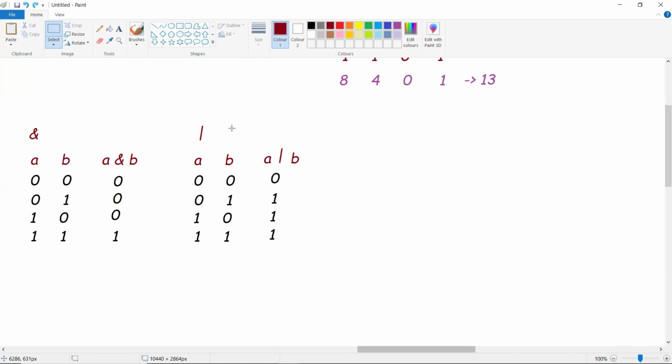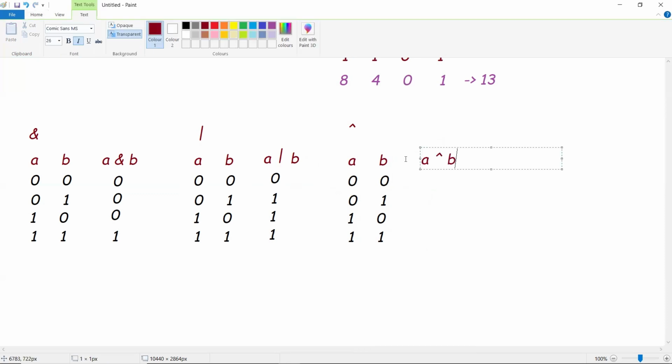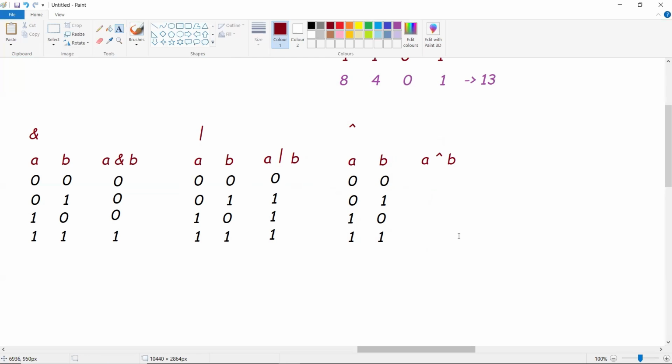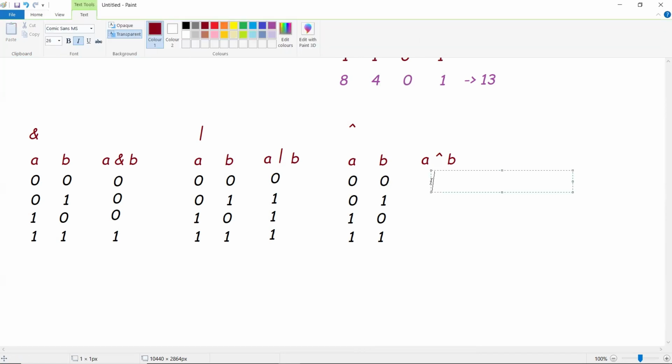Now let's see the last bitwise operator covered here, which is bitwise XOR. We'll consider the same inputs A and B, so the output would be A XOR B. When it comes to XOR, if both bits are the same, the output would be 0. If the bits are different, the output would be 1. So 0 and 0, both bits are the same, so the XOR would be 0.